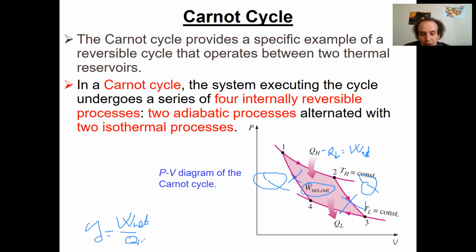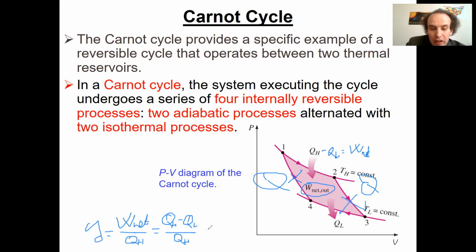Remember last lecture, right? And basically it will also be QH minus QL divided by QH. That is your efficiency. As you see here, you have 4 variables and 2 equations. You need something else to identify everything.